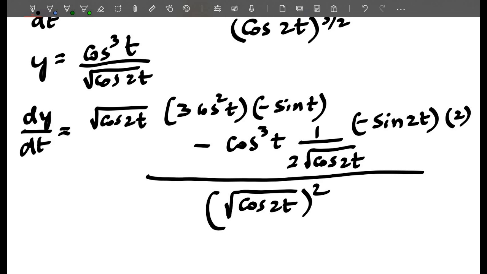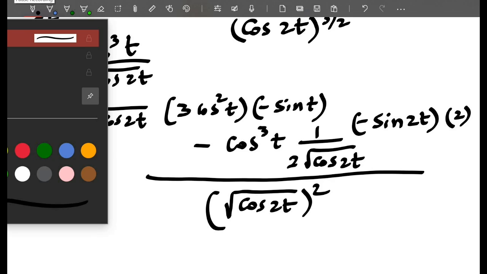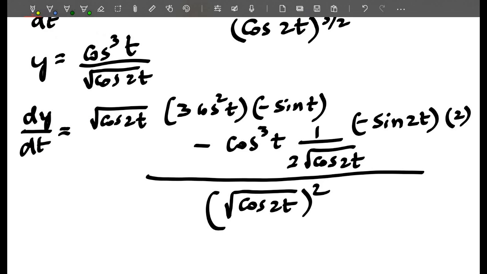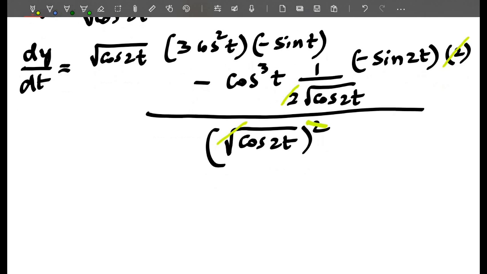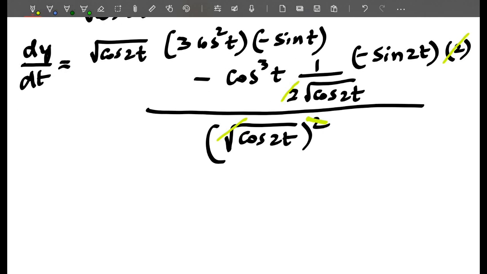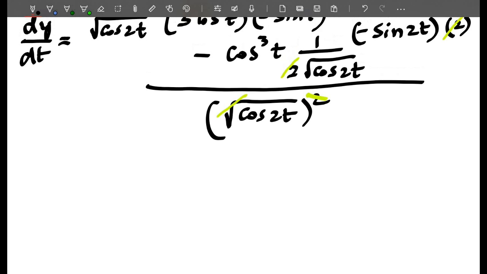Now let us simplify this by cancelling whatever we can. Here I can see a 2, so I'll cancel it with this 2, and this square will get cancelled with the square root. So what is left out, in simplified form, is dy by dt.